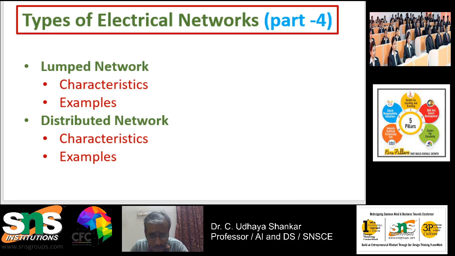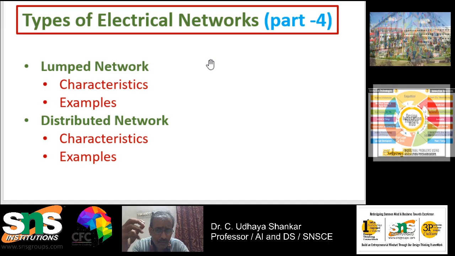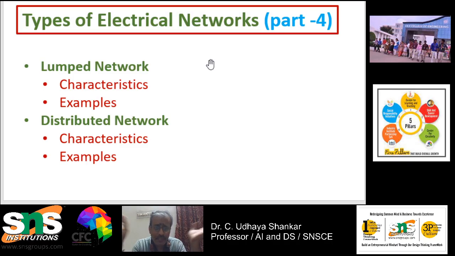So what is a lumped network? For example, if a network has some network elements which are physically separable, I can separate them physically. That is called a lumped network. Is it clear?